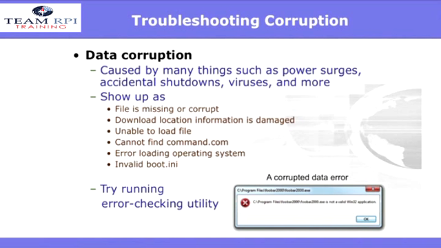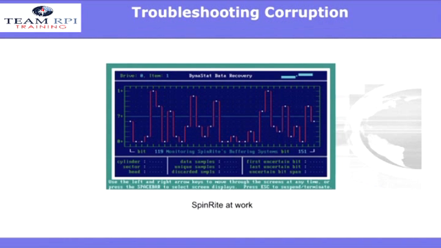To troubleshoot this, try running the error checking utility. One tool that I use is a tool called SpinRite. It's not very pretty, but it does a great job at recovering data from failing or failed hard drives.